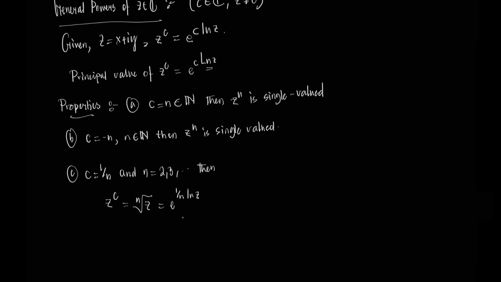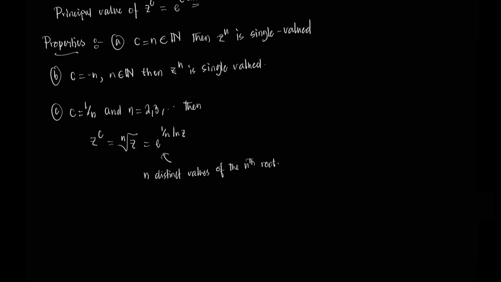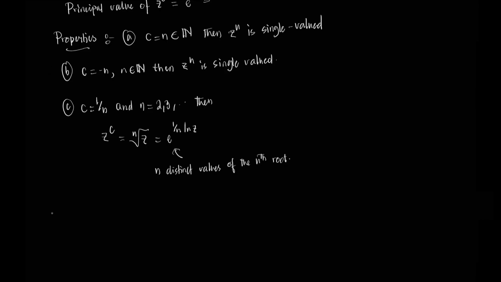So here you get n distinct values of the nth root. I hope this is clear. So generally what is happening is this: z power c is always going to be infinitely valued. Right. Now, let's look at one other example.